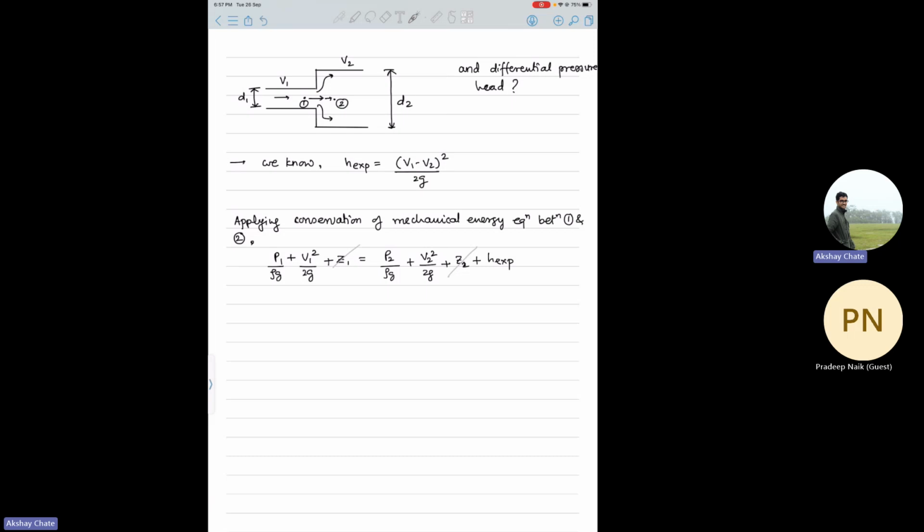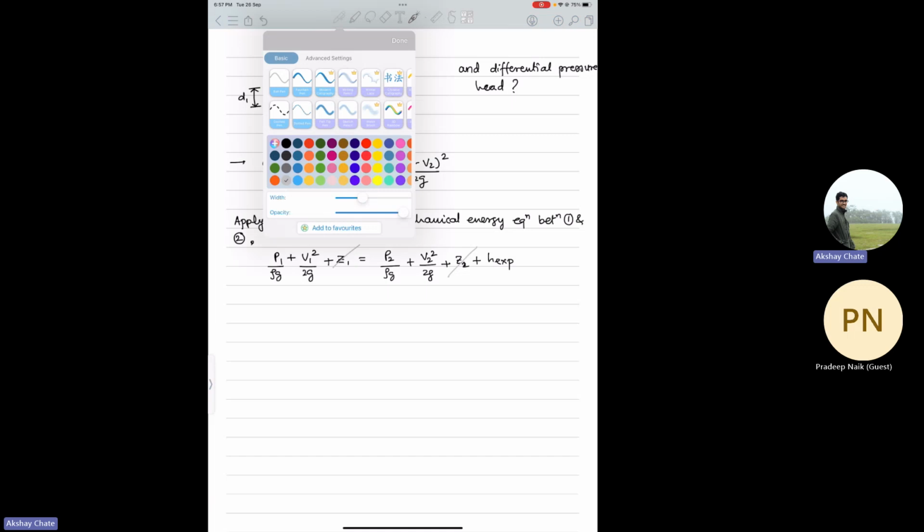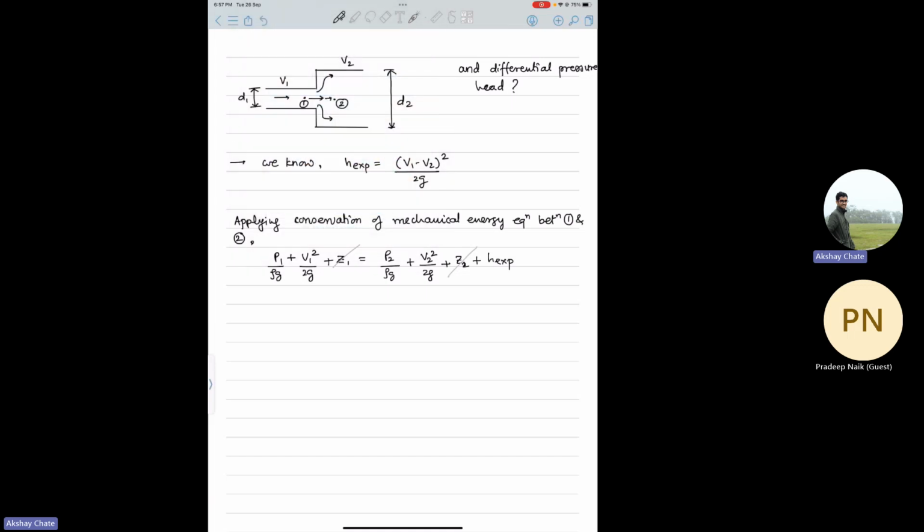We will do one thing. We will shift the pressure terms to one side, so we will have (P1 minus P2) by rho g equal to (V2 square minus V1 square) by 2g plus head loss due to expansion. We are just rearranging the terms, and we'll put in the head loss formula from equation 1.